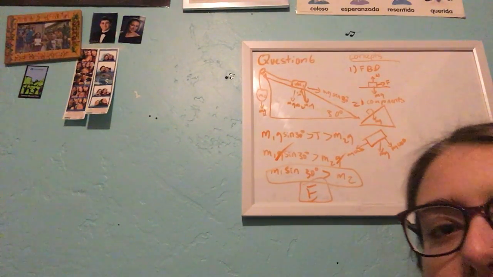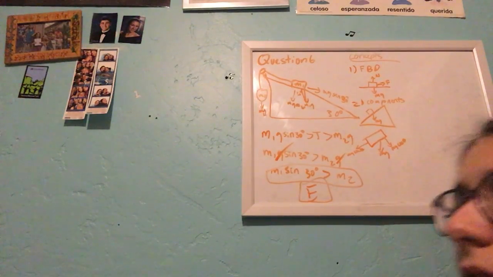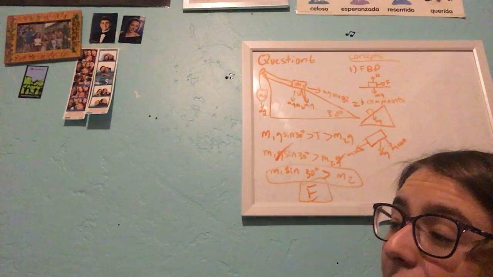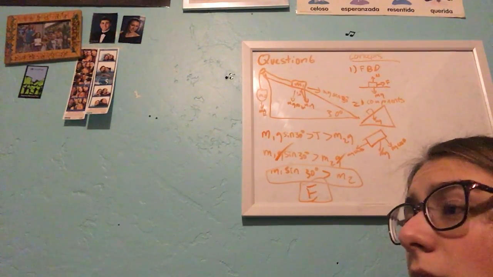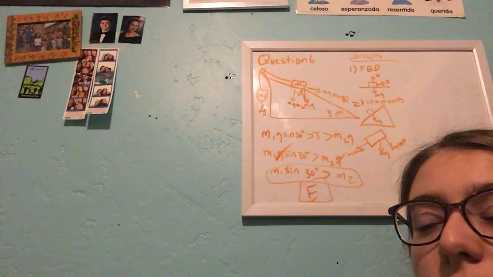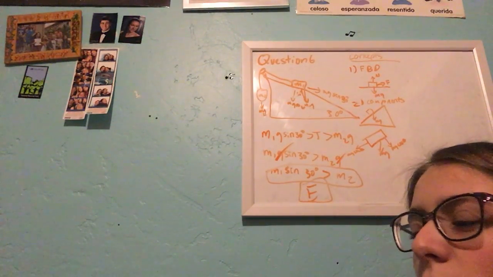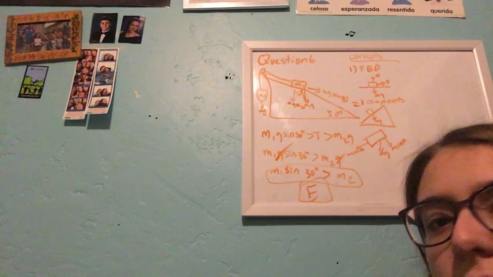So in conclusion, this question showed important concepts of how to do a free body diagram, how to break the forces up in a problem in order to solve and see what forces are acting on the object.